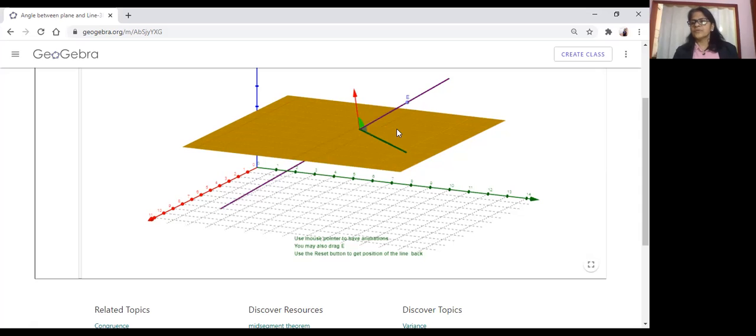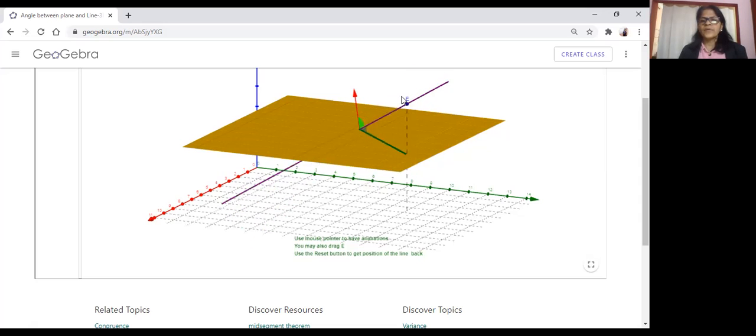We know how to get the angle between two lines, the angle between two vectors. And when we take the angle between two planes, we find the angle between the corresponding normals. Again, we come back to the angle between two vectors, so we are familiar with that.